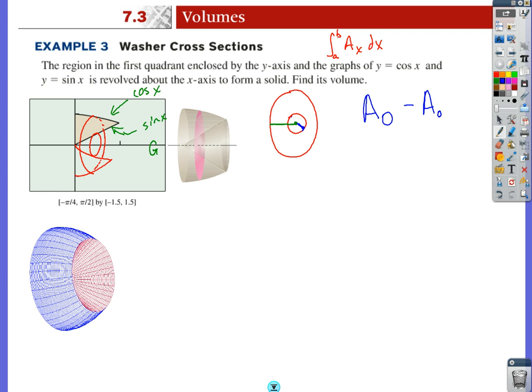So let's have a little bit of fun with this. If I have the area of the big circle as pi big R squared minus the area of the little circle, which is pi little r squared, well, couldn't I factor out a pi and just have pi times big R squared minus little r squared? And that's going to be the area of my donut.